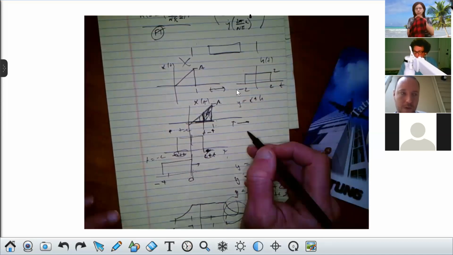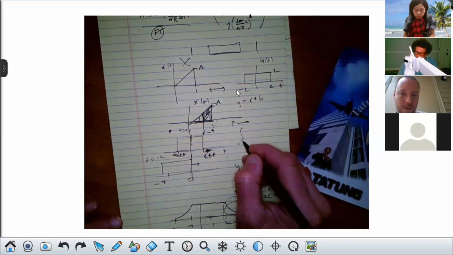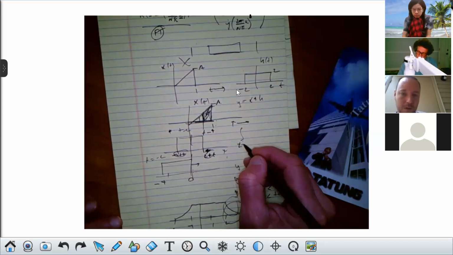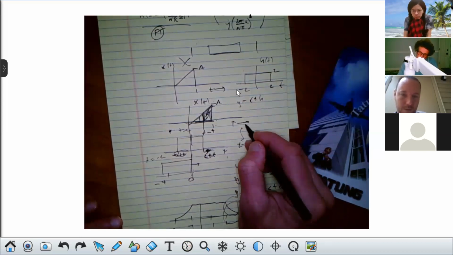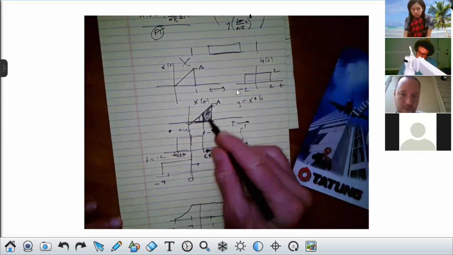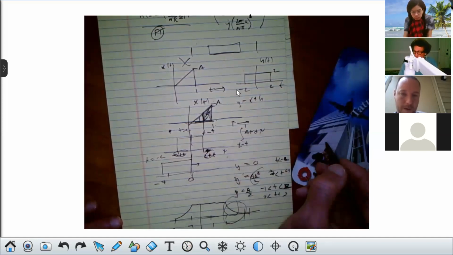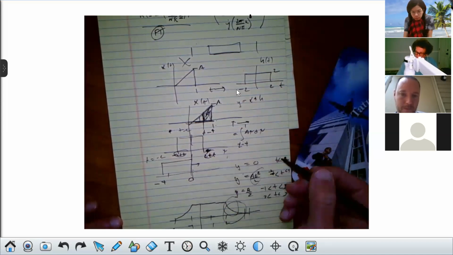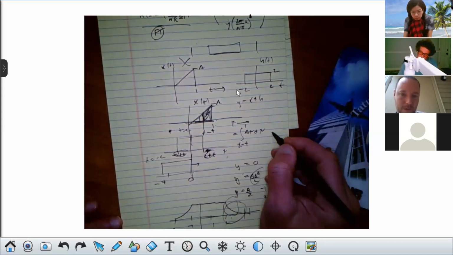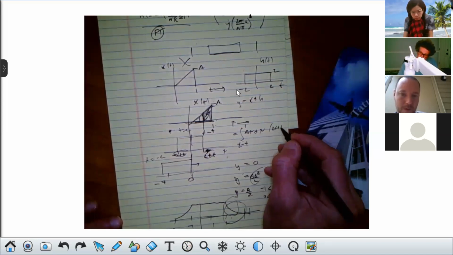You're basically going to integrate from t minus 4 to 1, and the function is A times tau d tau. And that is the value between 2 and 3, for 2 less than t less than 3.